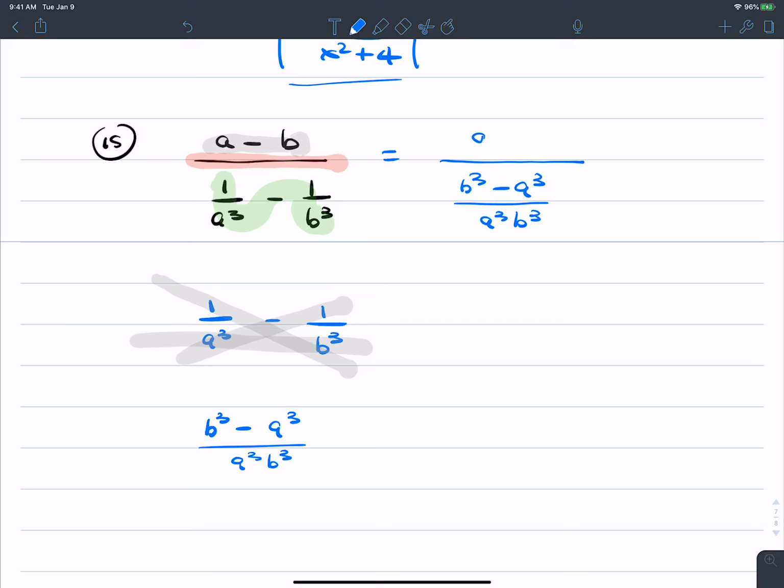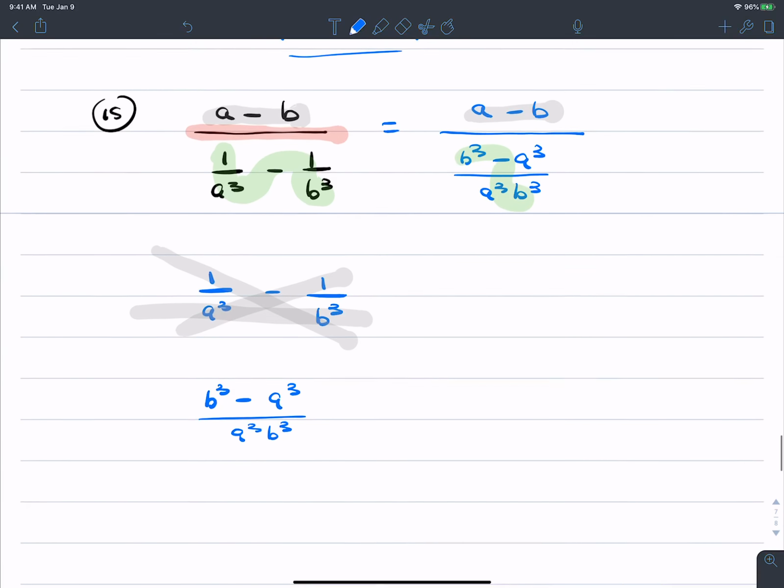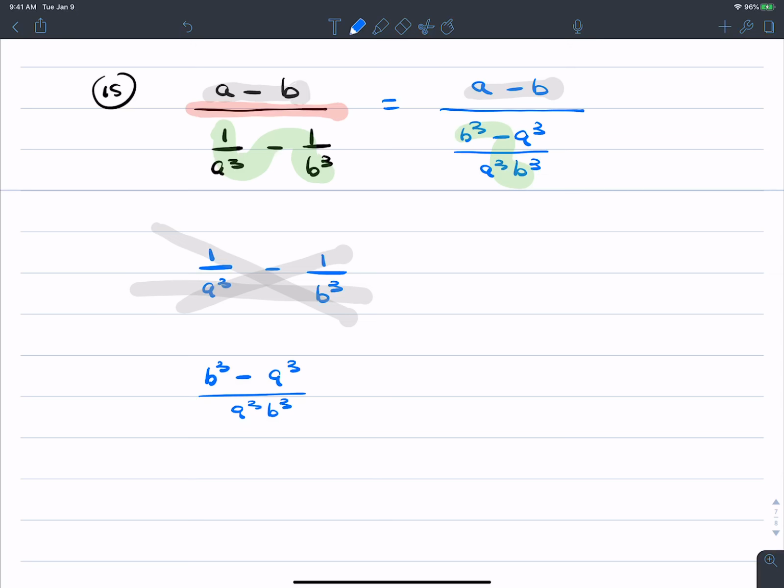The numerator here is a minus b. So we have here a numerator. We have here a second fraction here. So this becomes, if we use our definition of division, horizontal, a minus b divided by b cubed minus a cubed over a cubed b cubed.